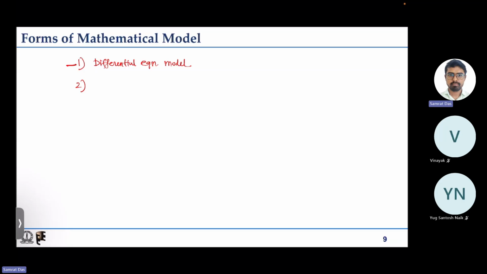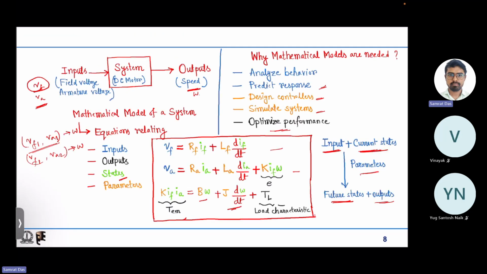Then we can also have something called the state space model. I have already talked about the states. A state variable is something where, if you know its value at a given instant and you know the future input, it will be possible for you to predict the future output.